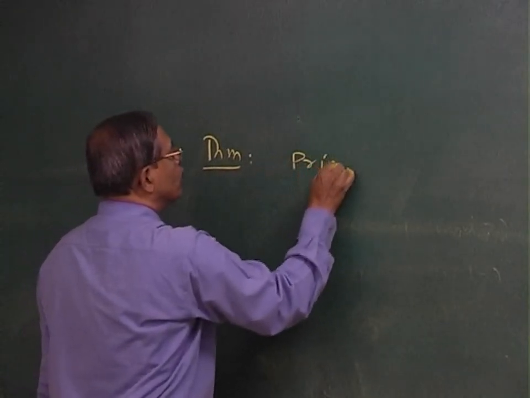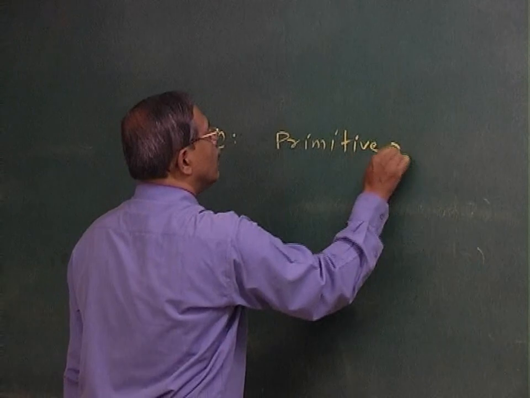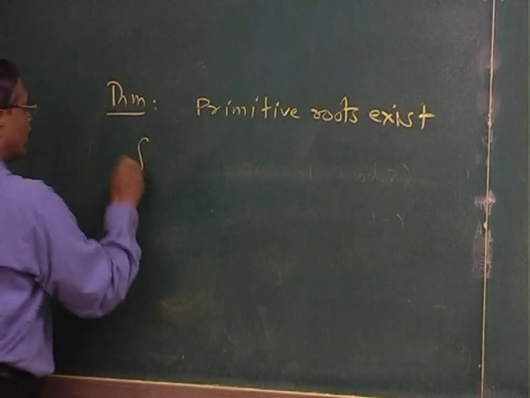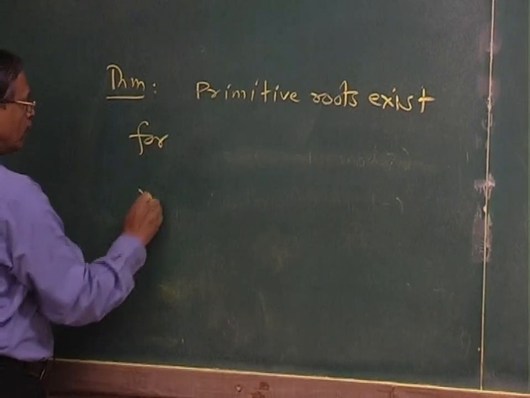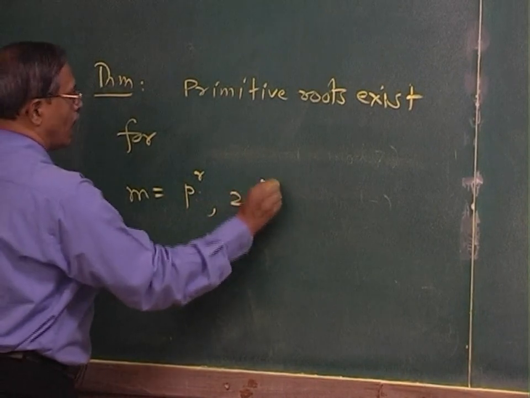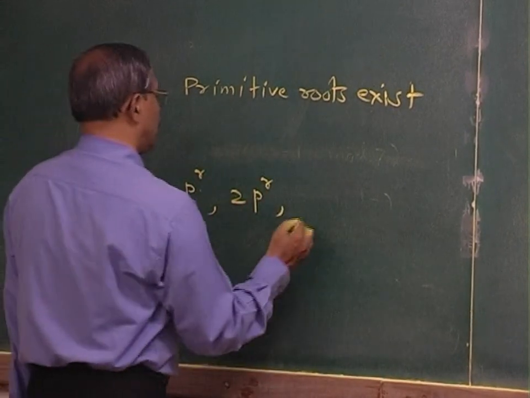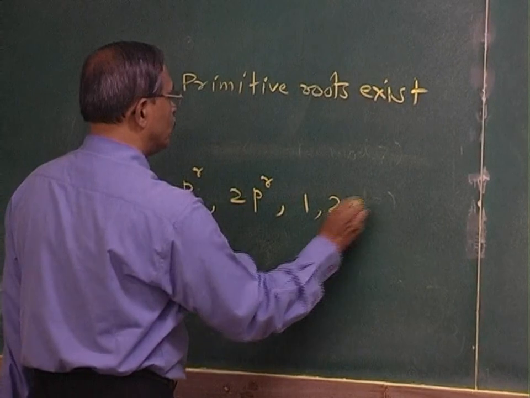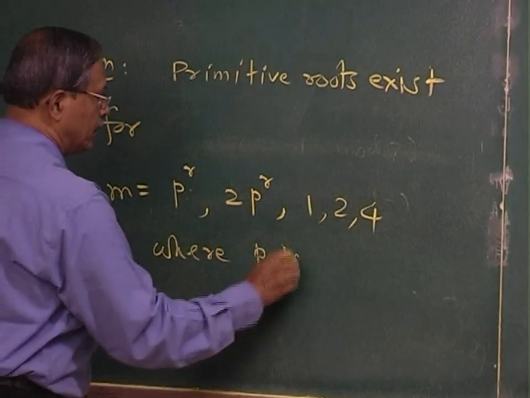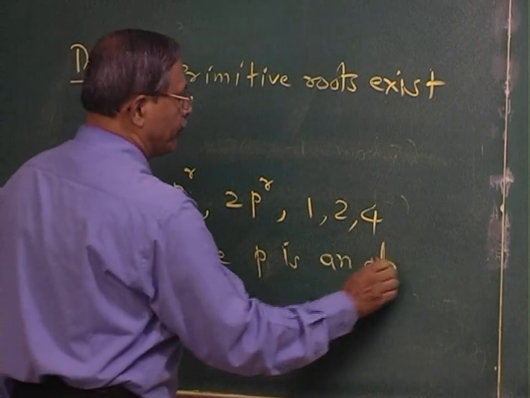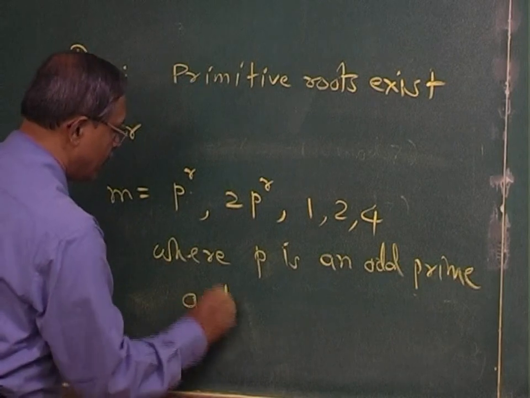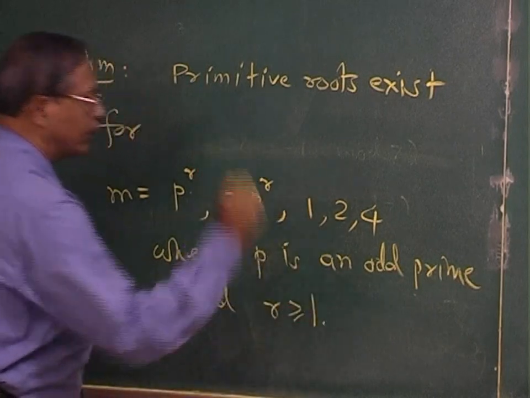Primitive roots exist for m equal to p raised to r, 2p raised to r, 1, 2, 4, where p is an odd prime and r is greater than or equal to 1.